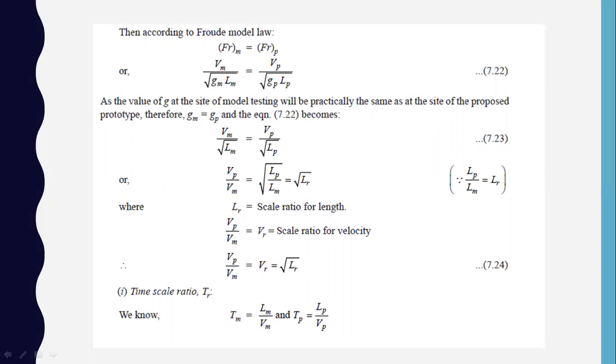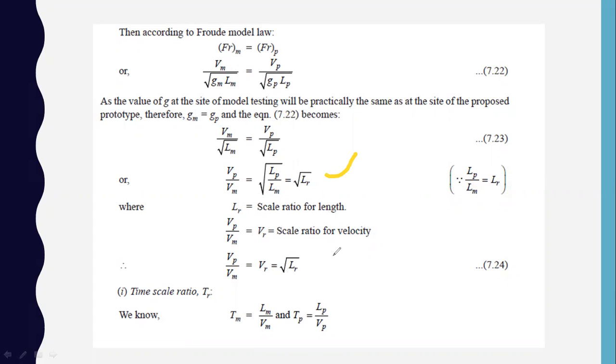We will derive that Vp by Vm will be equal to the root of Lr, where Lr is the scale ratio for length, and Vp by Vm equals Vr, the scale ratio for velocity. So the general result is that the velocity scale ratio will be equal to the root of the scale ratio for length.